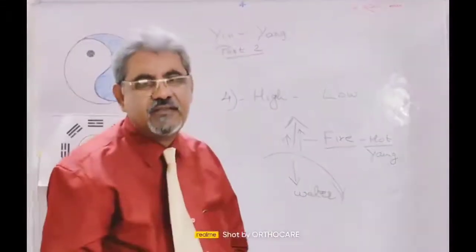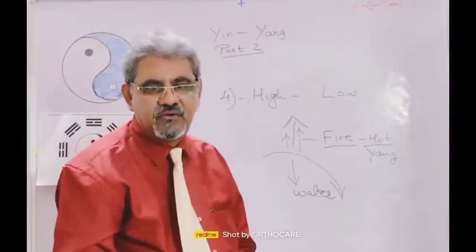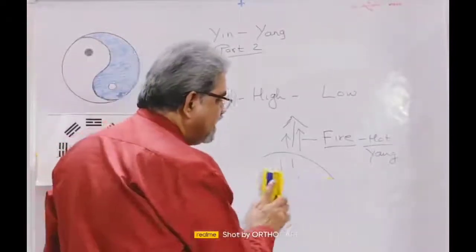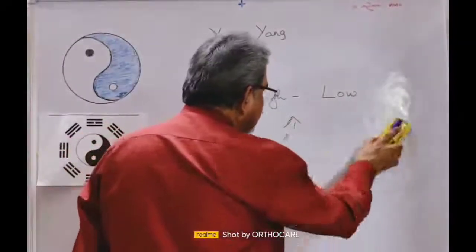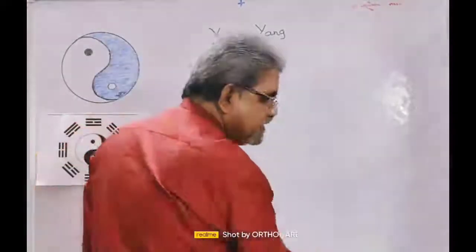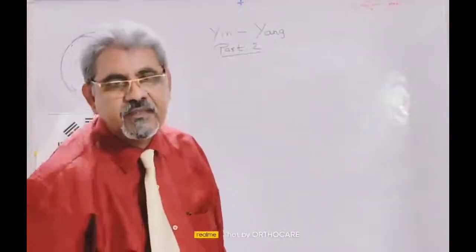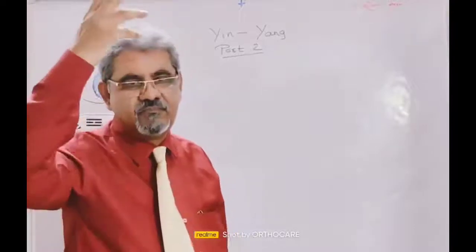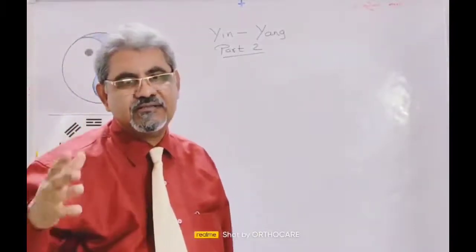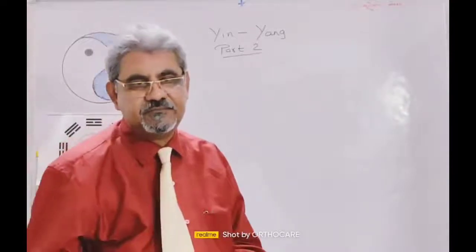Normally the water coming out from the mountains or rivulets is cold and flows downwards, and the flames always go up. So high and low are opposite to each other.